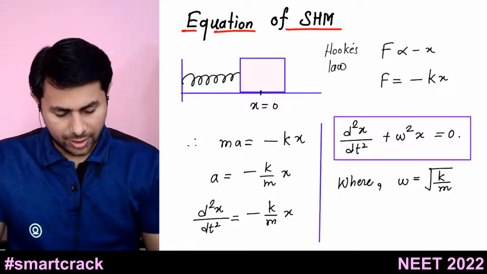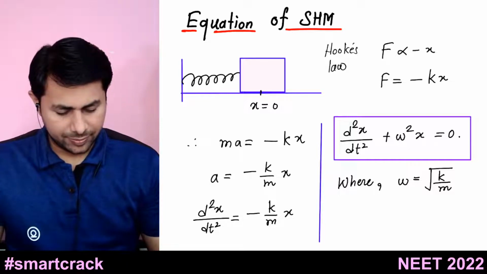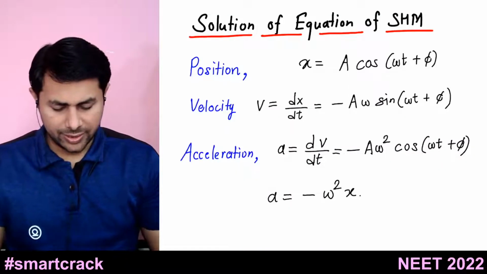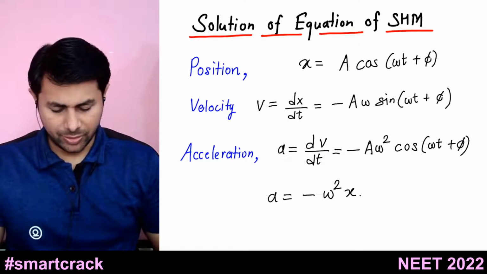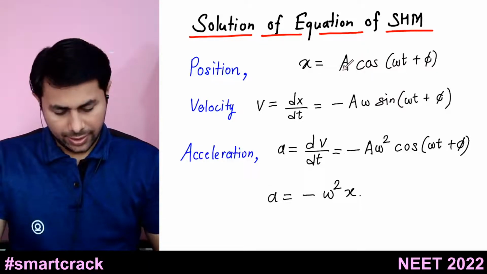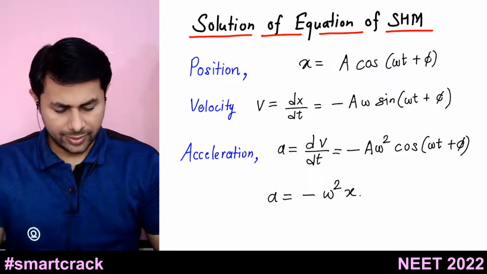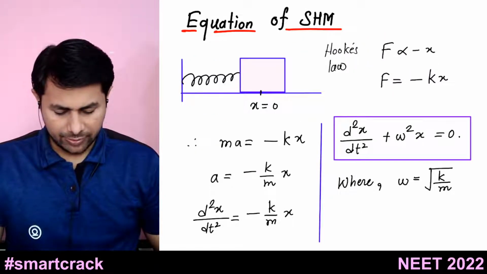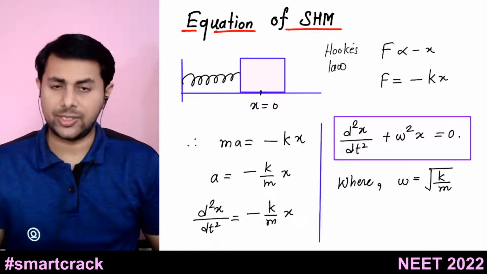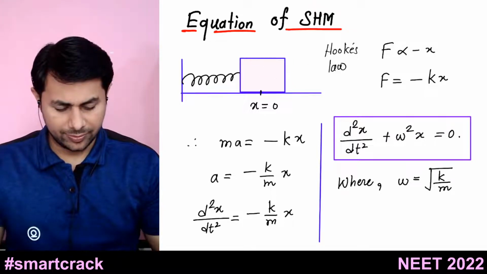If you solve it, what do you get? You get an equation for position. Position is given by A into cos of omega t plus phi. So the equation for oscillations of this block is given by this.